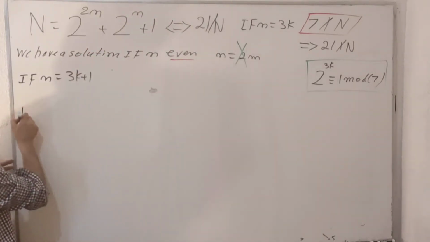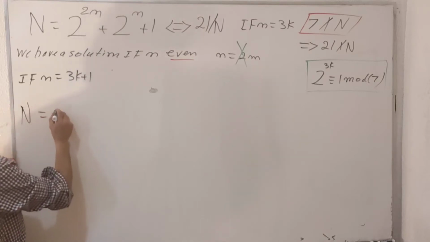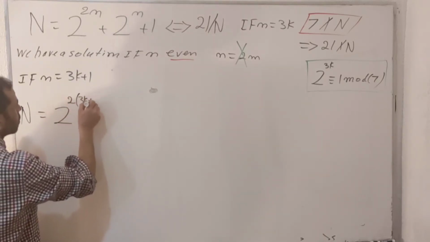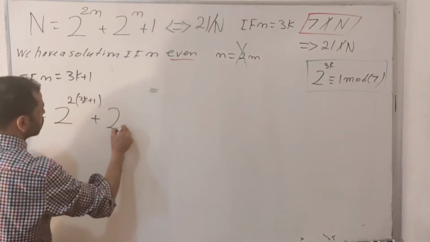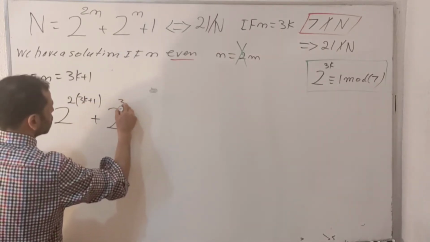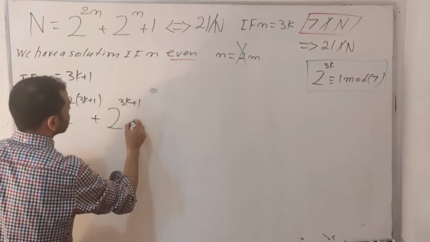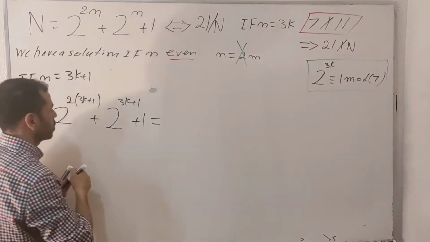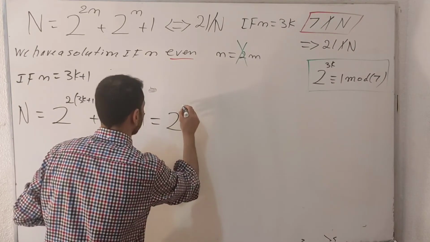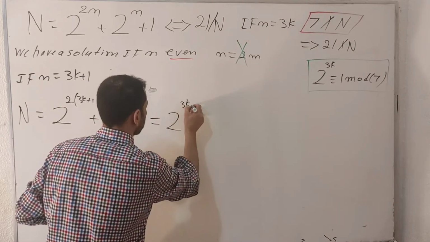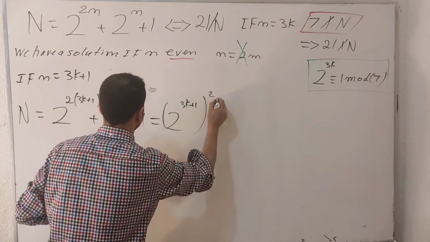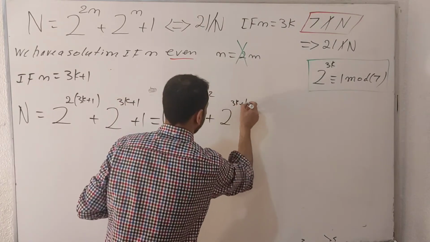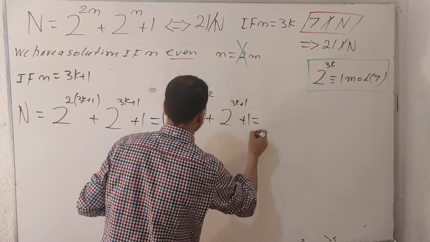So we'll have capital N equals 2 to the 2 multiplied by (3k plus 1), plus 2 to the (3k plus 1), plus 1. I'm going to visualize this by writing it as (2 to the (3k plus 1)) to the 2, plus 2 to the (3k plus 1), plus 1.